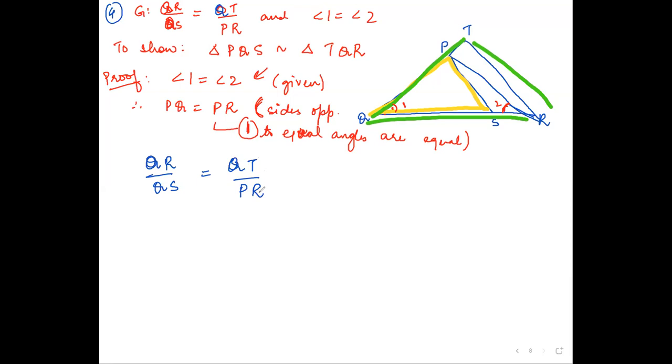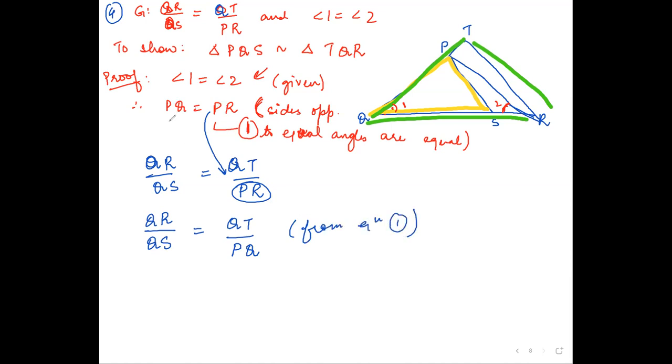So what can I do here from this given condition? First of all, I'll replace PR using this result. So this will become QR upon QS is equal to QT upon PQ, from equation 1.